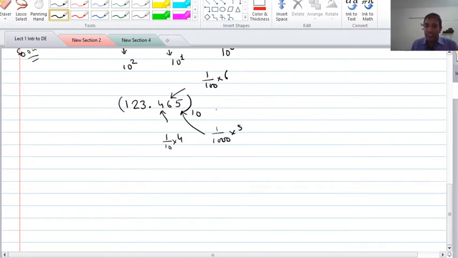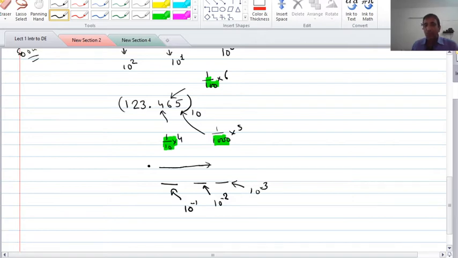So towards the right-hand side, with three positions here, this position can be represented as 10 raised to power minus 1, this position by 10 raised to power minus 2, and this position by 10 raised to power minus 3.